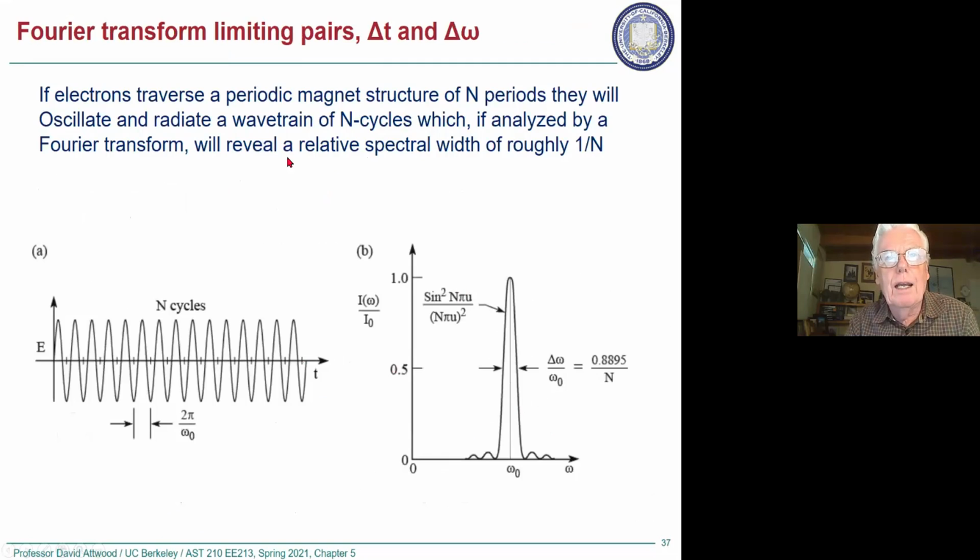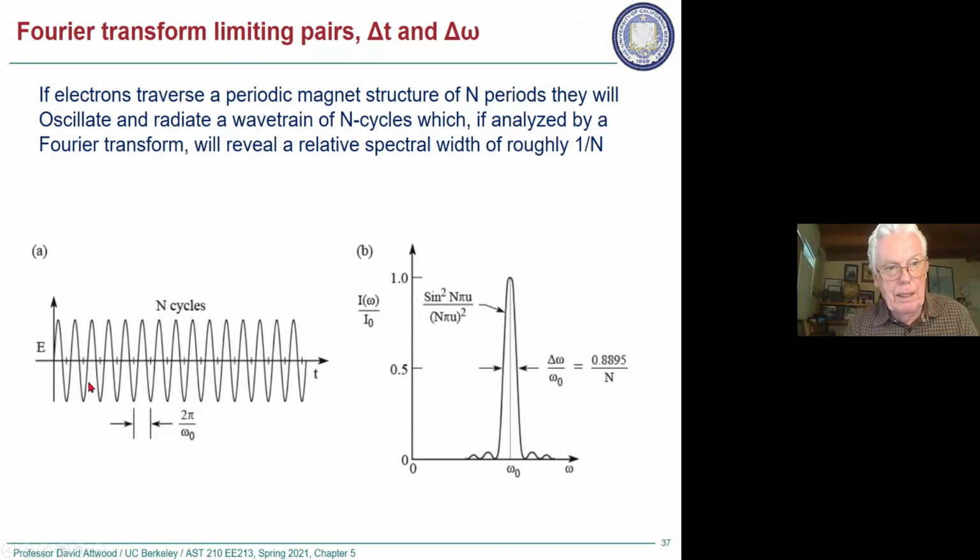I don't know where I was going to put this in, but this is just about if our electrons go through this magnet structure and they radiate, they oscillate N cycles because there are N periodic cycles in the magnet structure. They're going to radiate a wave train which has N cycles.